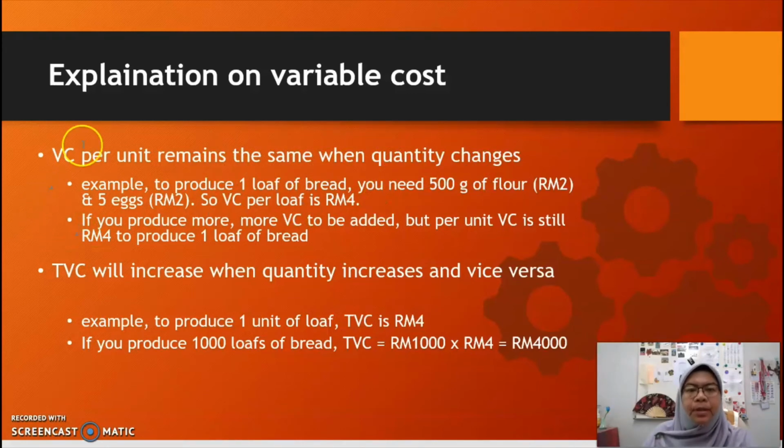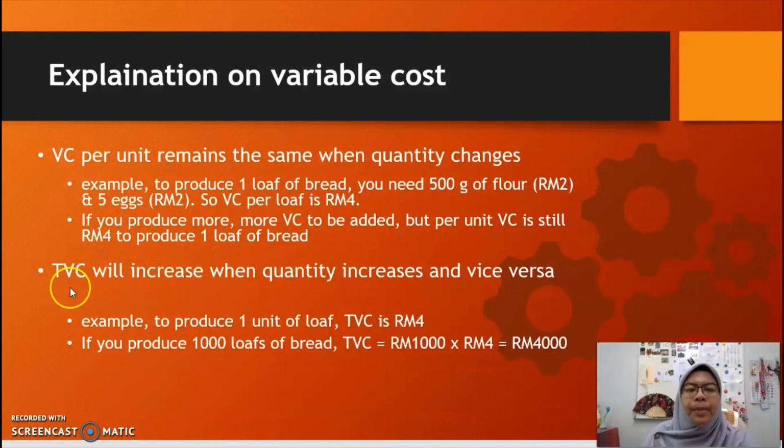Example, to produce 1 loaf of bread, you need 500 gram of flour, let's say the cost is 2 ringgit, and 5 eggs, let's say the cost is also 2 ringgit. So variable cost per loaf is 4 ringgit. If you produce more, more variable cost is added, but per unit variable cost is still 4 ringgit to produce 1 loaf of bread.